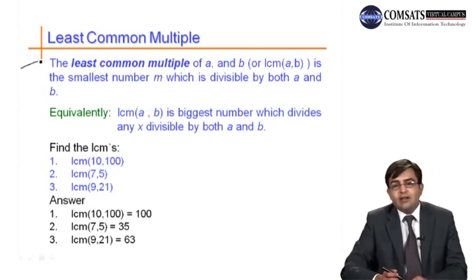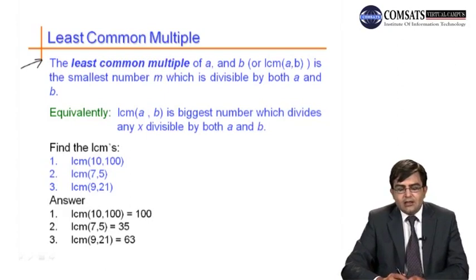The least common multiple of two numbers, or we say it in the short form LCM of a and b, is the smallest number m which is divisible by both a and b.